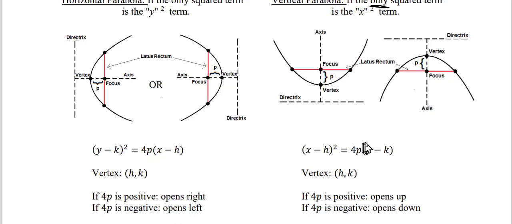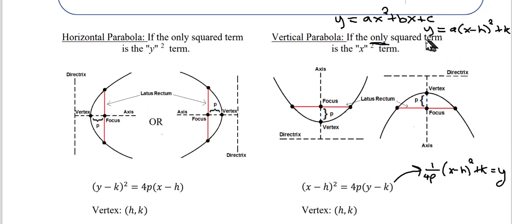This should probably not be a surprise to you. If you took this to try to solve it for y, you would get 1 over 4p times (x minus h) squared, plus k, equals y. You'd have to divide both sides by 4p and then add the k over. That's very similar to the format that we had here. This is our new a.